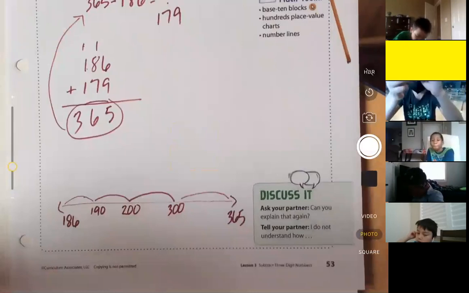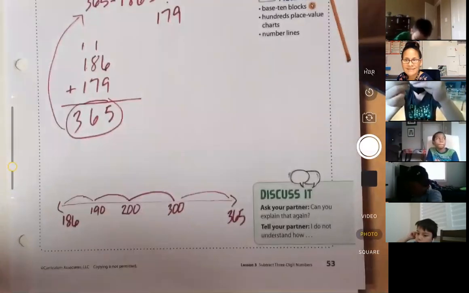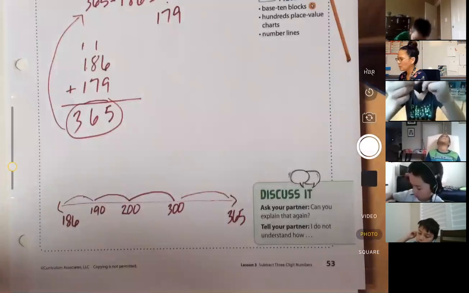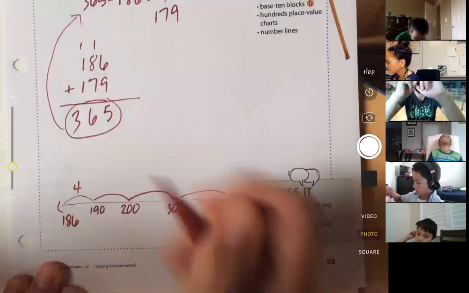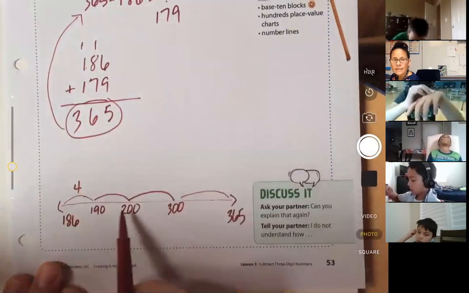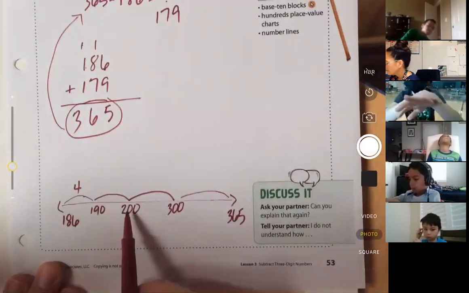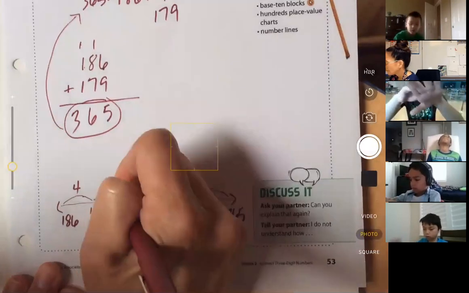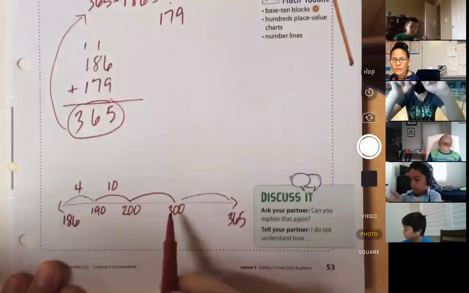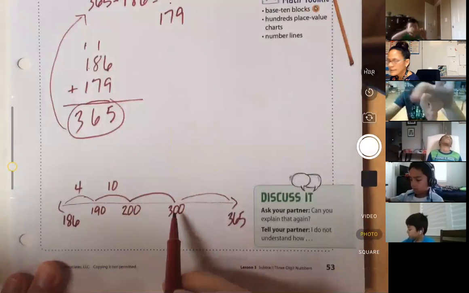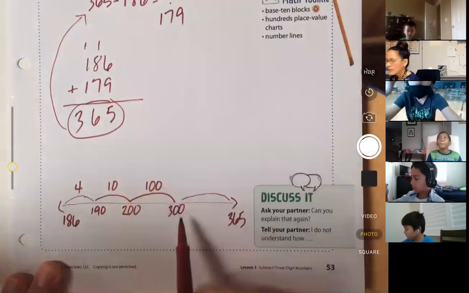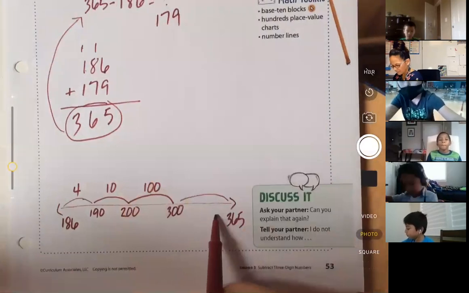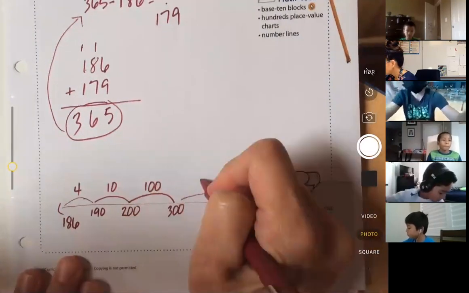Now I need to add up my jumps. So from 186 to 190, that's 4. From 190 to 200, that's 10. From 200 to 300, that's 100. And then 300 to 365, that's 65.